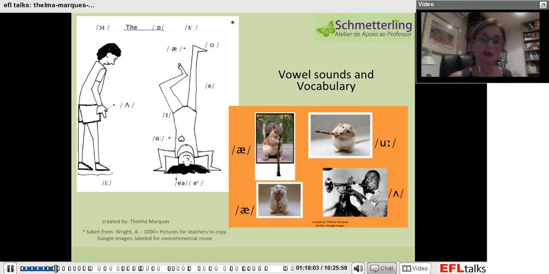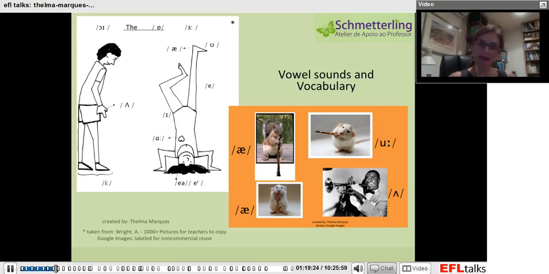And then for here, students have to write thumb, for feet, leg, and foot. So bit by bit, they are going to learn the symbols.